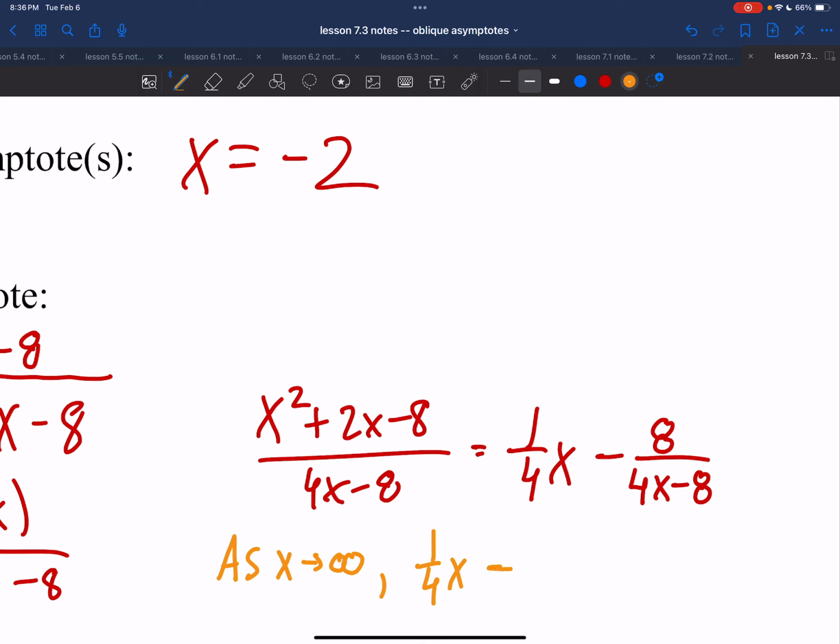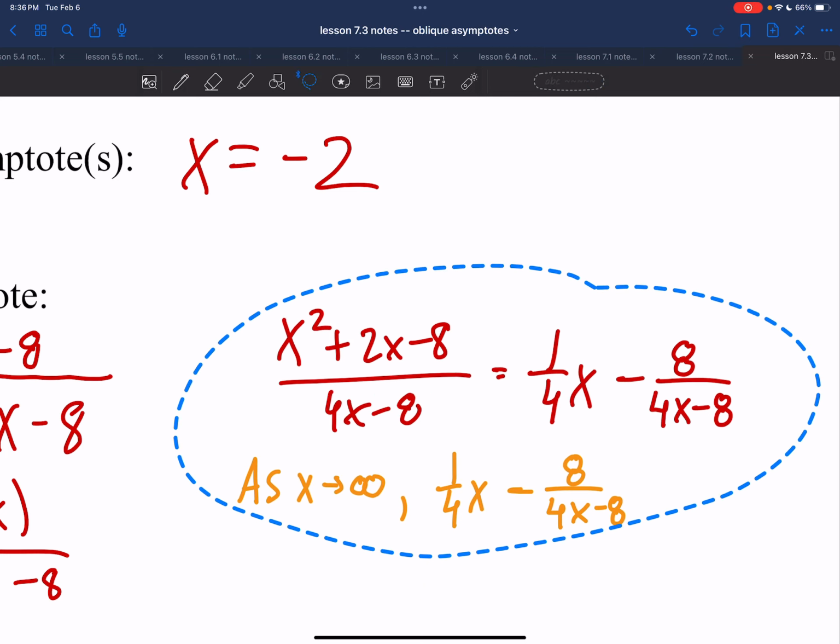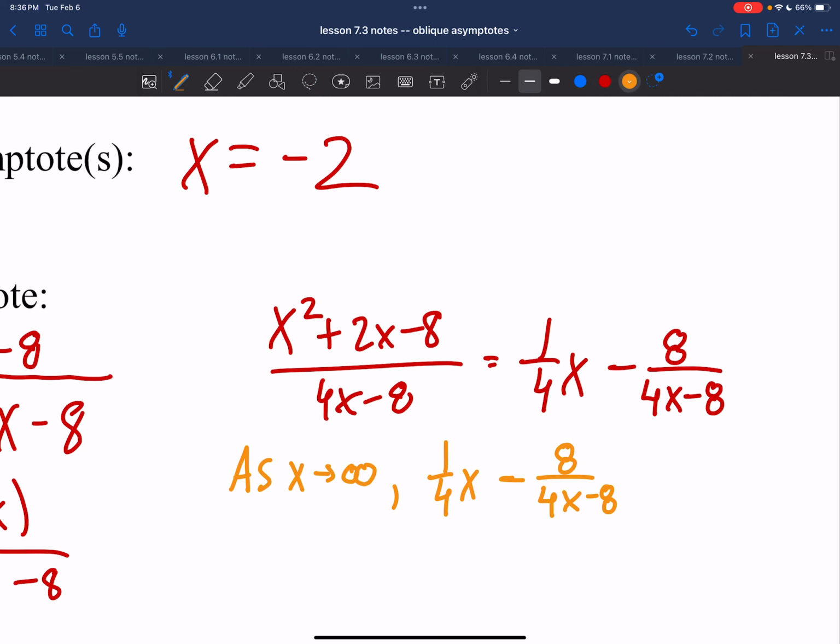But what happens to -8 over 4x minus 8? What happens there, right? I'm going to move this up here. Okay. Well, as x goes to infinity, and this x gets really big, this term, minus 8 over 4x, well, x gets huge.